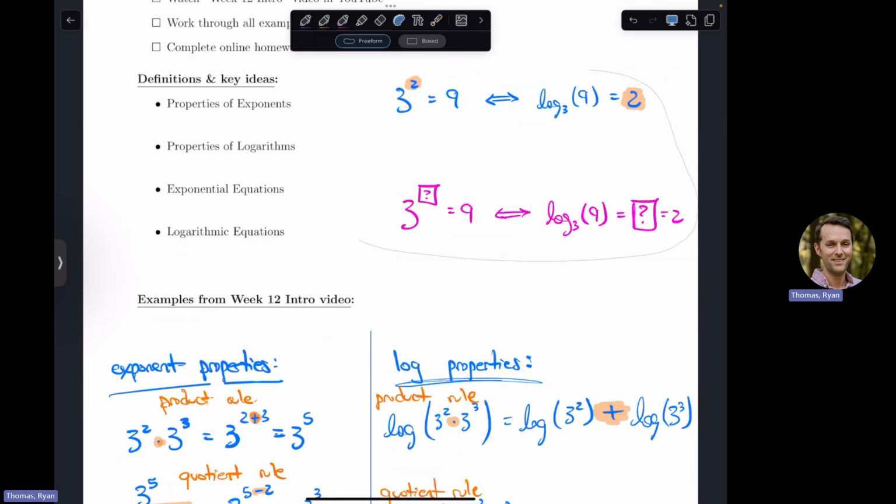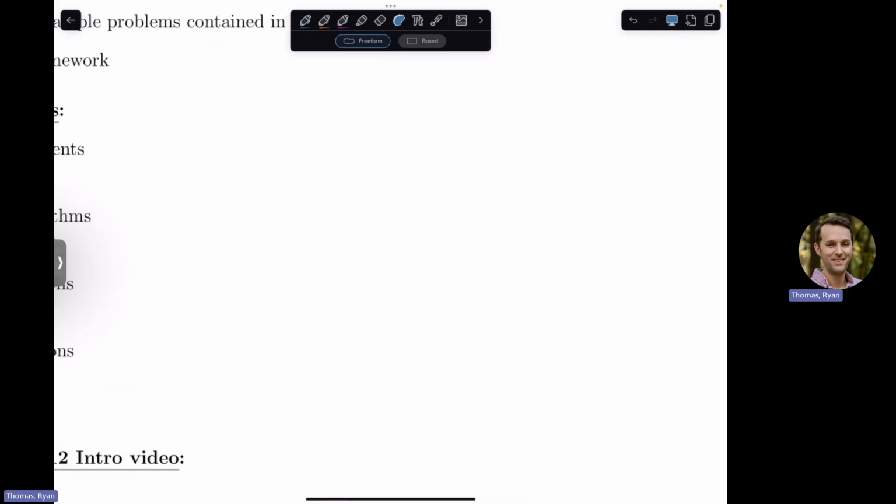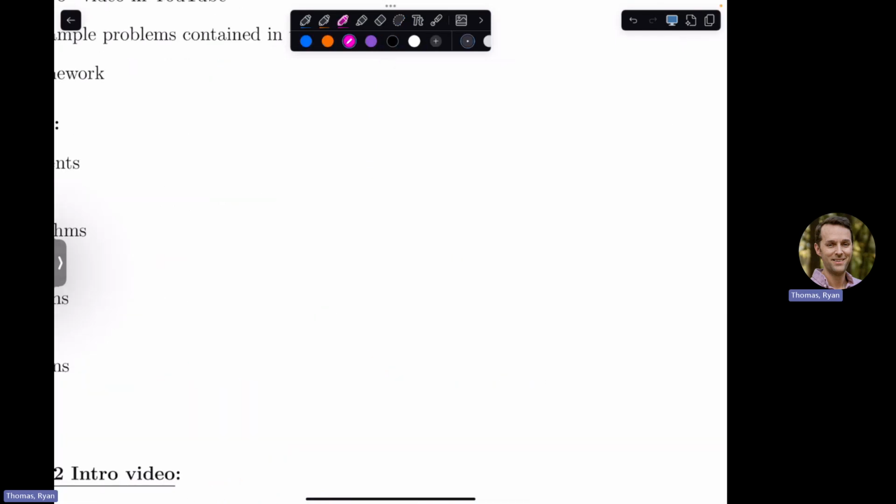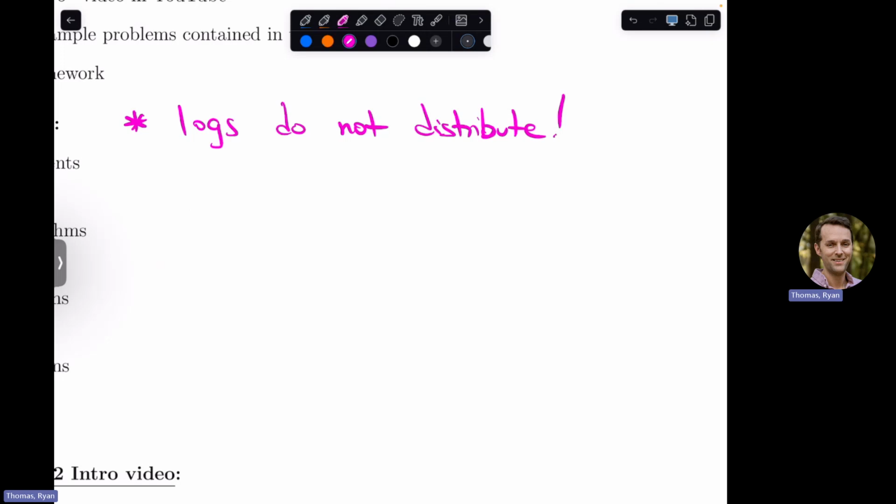For example, and this one's important and almost always catches some people, logs do not distribute in the usual way. That's where 2 exclamation points.